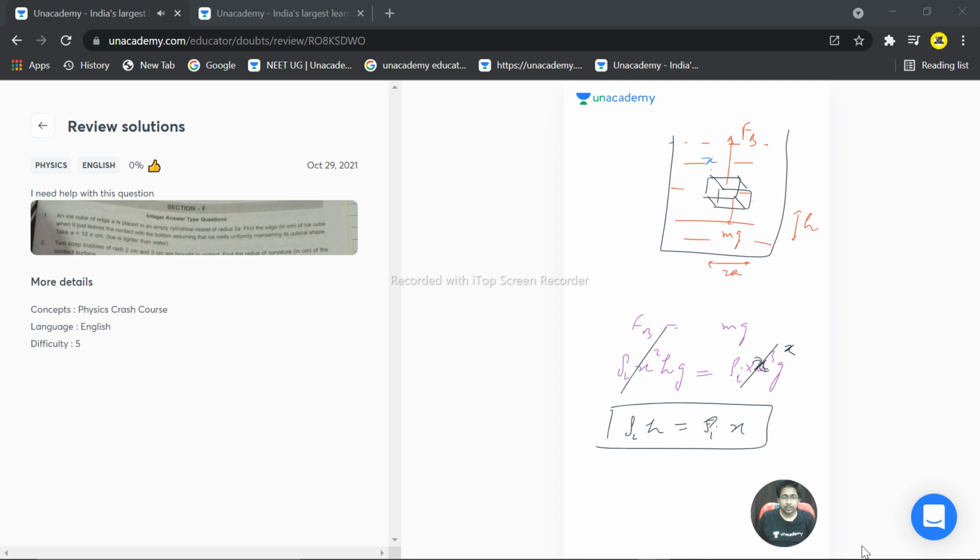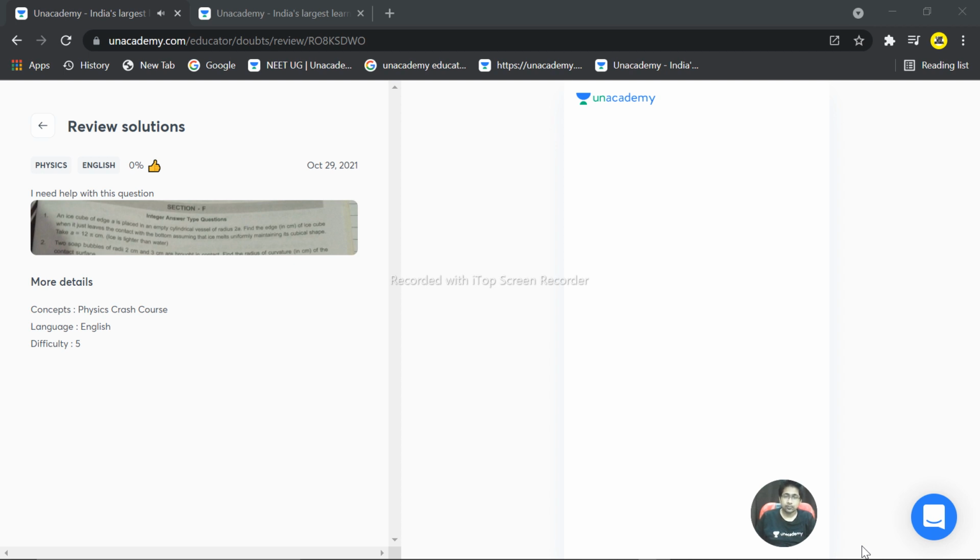Now we can write a cube minus x cube as the melted ice volume, which is equal to pi r square h, that is pi into 2a whole square into h, minus x square h. That is the volume displaced.